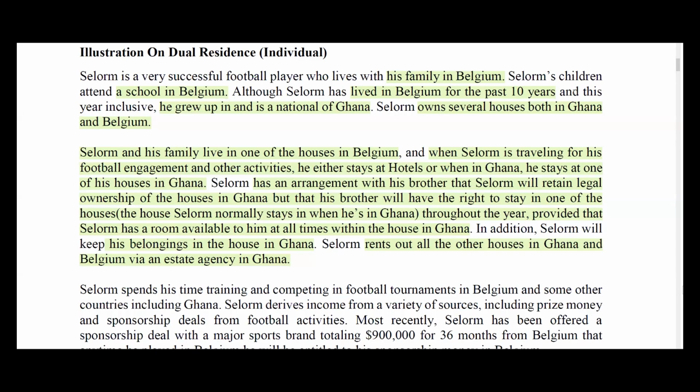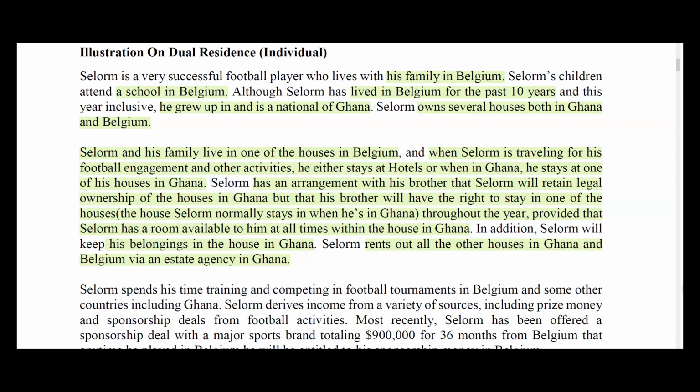Pick any paragraph. The fact that his family lives in Belgium with him. Okay, that means it's often, right? He has lived in Belgium for the past 10 years. I'll take it. Okay, now what about Ghana? What can we support with Ghana?